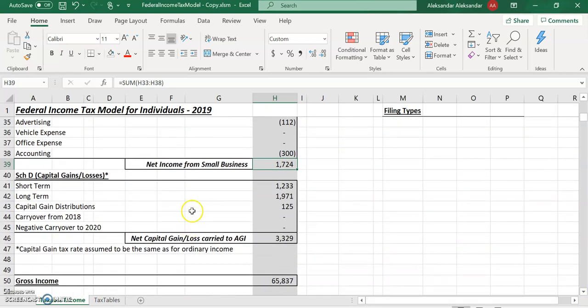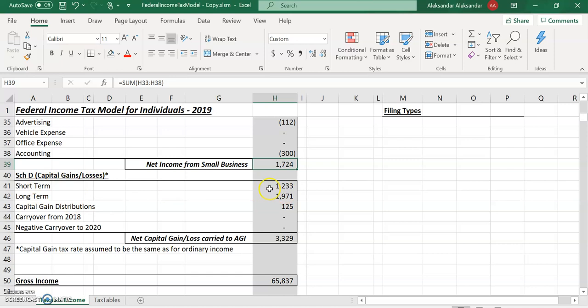Also, if you were smart enough to invest in the stock market, which lately is not doing that well with the COVID-19, but hopefully it will get back on track, whoever has money there will have some capital gains.